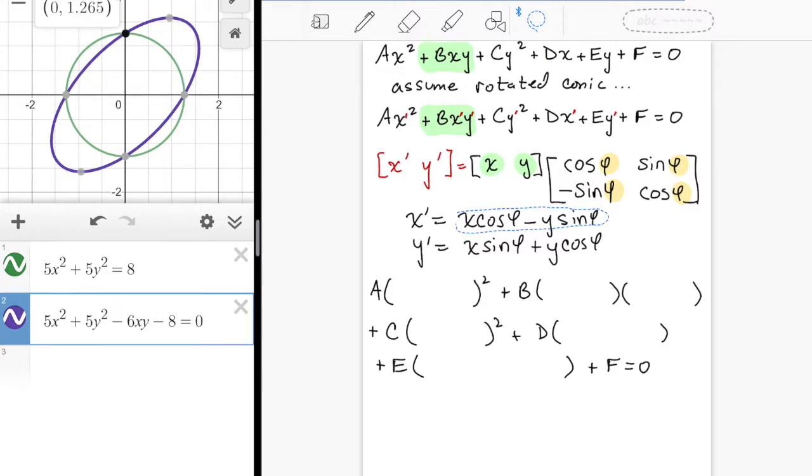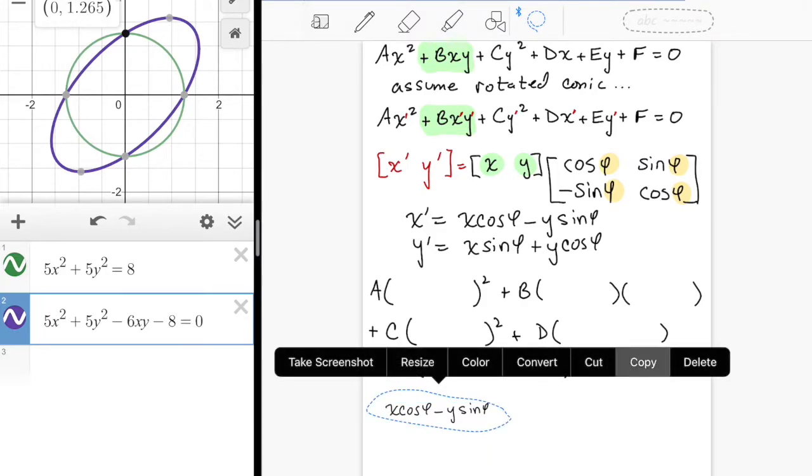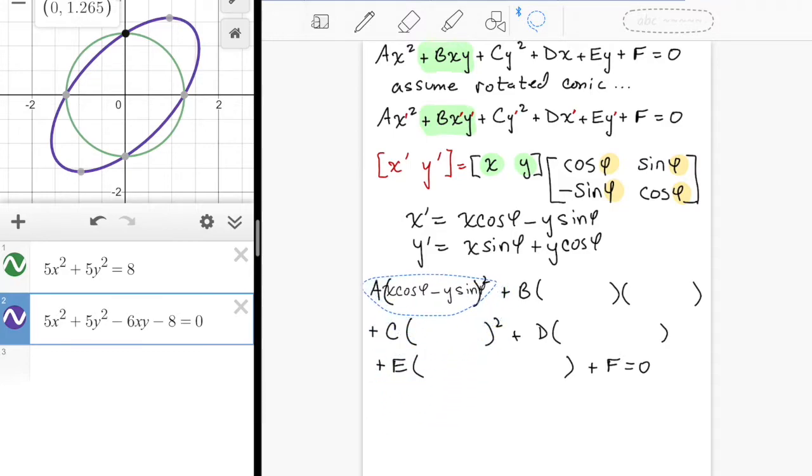So I'm just going to do some copy pasting here. Just bear with me for a sec. So we got that one. Coefficient D corresponds with another x cosine, y sine.